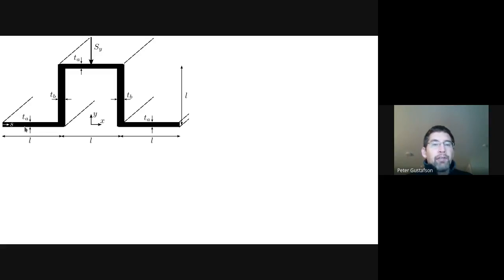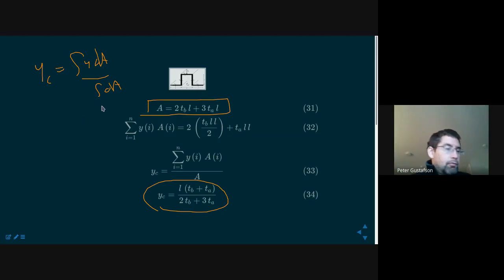And in the calculation I've done on the prior slide, I'm assuming that the ratio, which is functionally now TA over 3L, is small, where 3L is a reasonable representation of a length scale within the cross section. So if TA over 3L is small, then the area of the corners is negligible. All right.